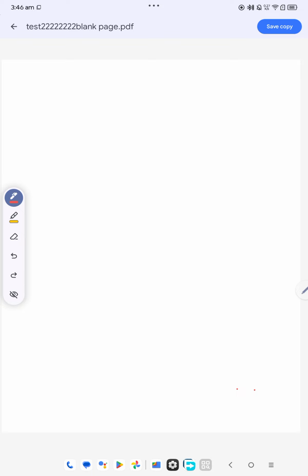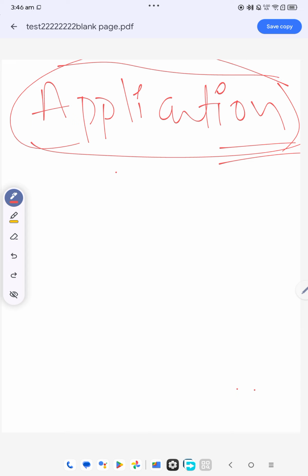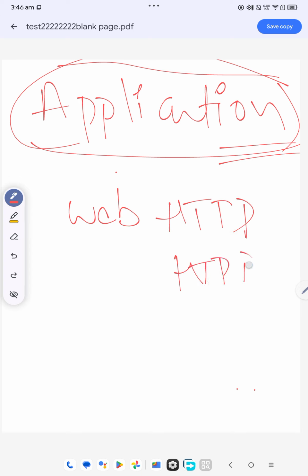Okay, next is the application layer, the last one. This is the layer you are most familiar with. With this layer, you are sending mails and using it for your work, because it is closer to the user. The actual protocols you use: for example, to search the web it uses HTTP or HTTPS.